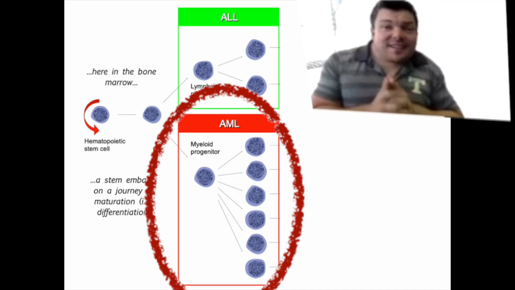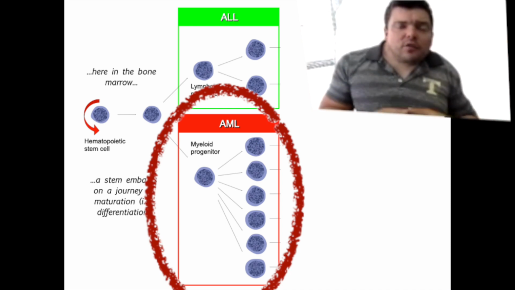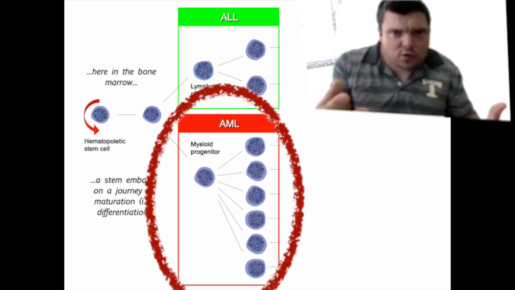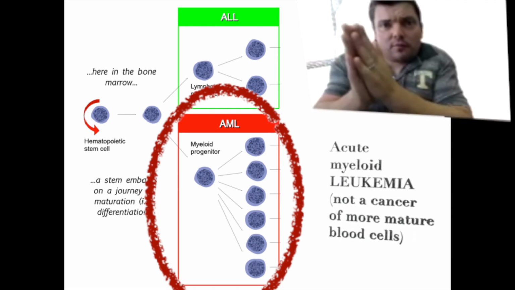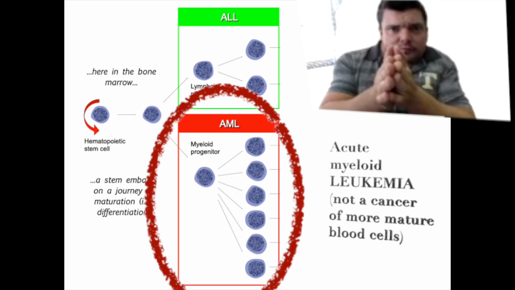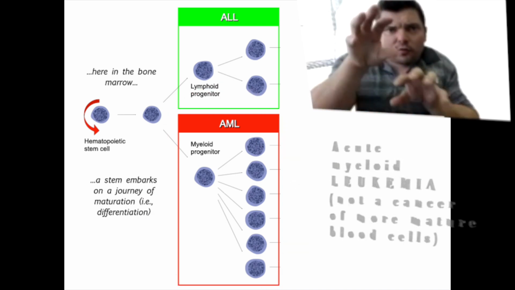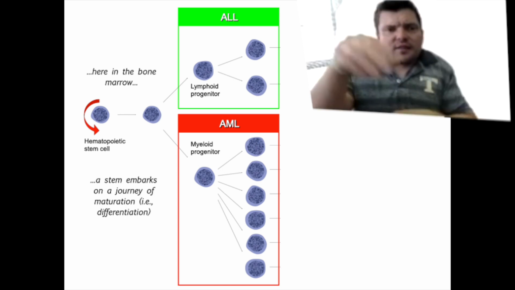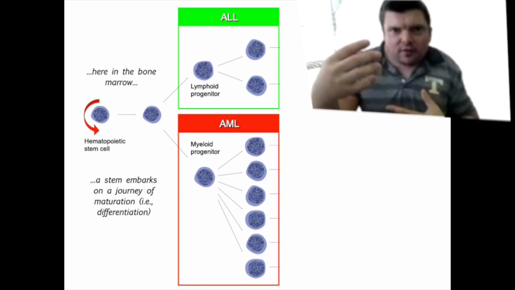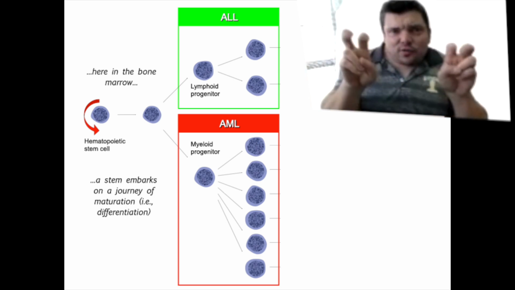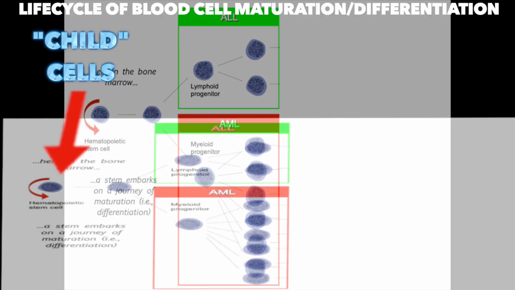In that setting, you will have a clinical presentation that shows acute myeloid leukemia. So in either of these two, the green box or the red box, those are both very young cells in the process of differentiation. I like to think of them as teenagers, not fully mature.